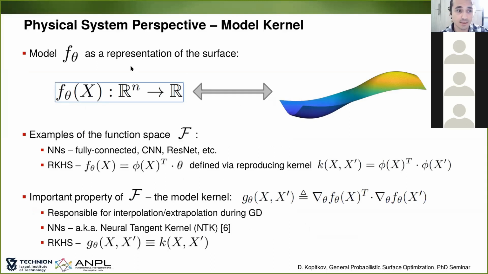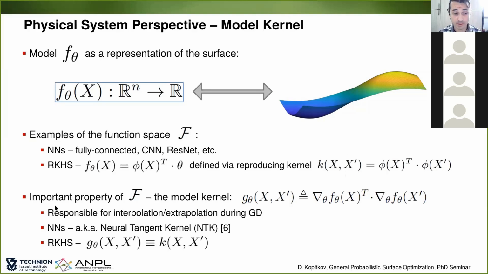Okay, so as I already mentioned, our function is just a representation of some high-dimensional surface. The function space that we choose for our optimization can have quite many choices. We can use neural networks like fully connected, CNNs, ResNets, and so on. It can also be an RKHS, a reproducing kernel Hilbert space, which is just a linear model in some feature space defined by this kernel here.